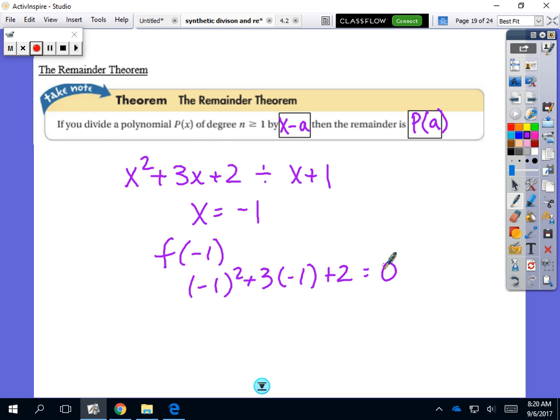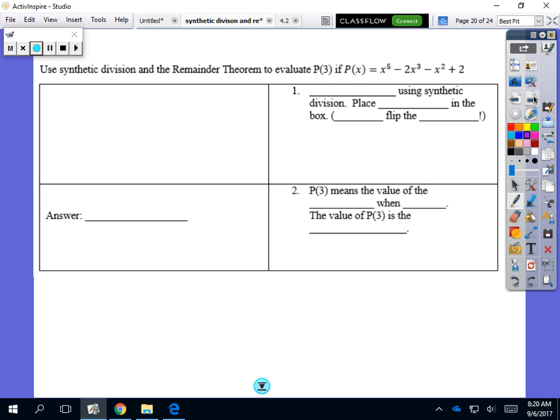So basically what this is saying is the value of the function when x equals this number a is the remainder when I divide. And I'm going to show you what that means. It'll make a little more sense to you. So we're not going to use the polynomial I have on here. I'm going to use a simpler one.